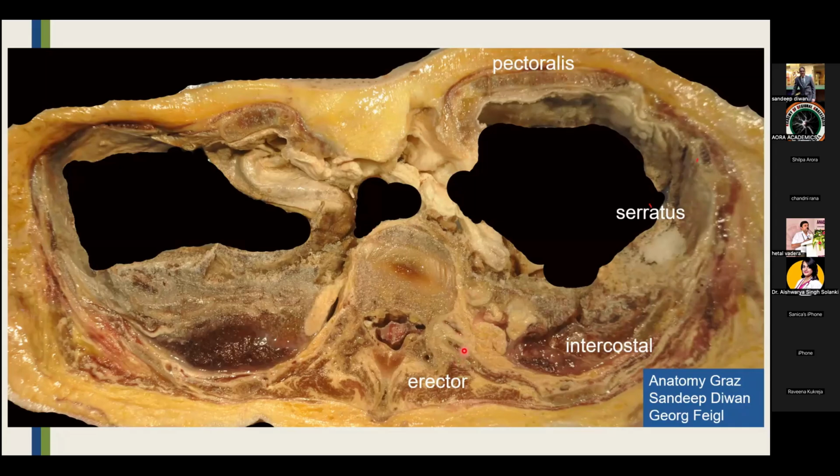That would create either of two blocks. One is the intertransverse process block, which we are going to discuss, or you can have the paravertebral block. Either of the two would be more useful than the erector spinae plane block, which I think has been overemphasized, and a lot of things have been mentioned without any definitive conclusions of late.